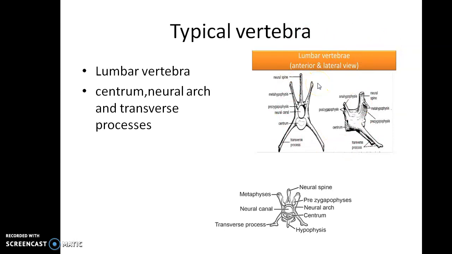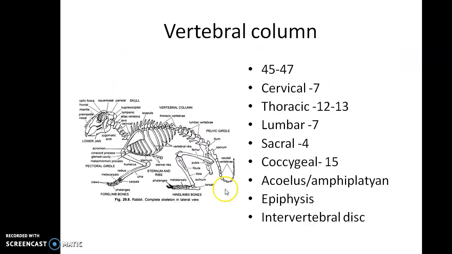In rabbit, it is the lumbar vertebra. These are all single pieces, very well developed in a rabbit, so we take that as the typical vertebra of a rabbit.